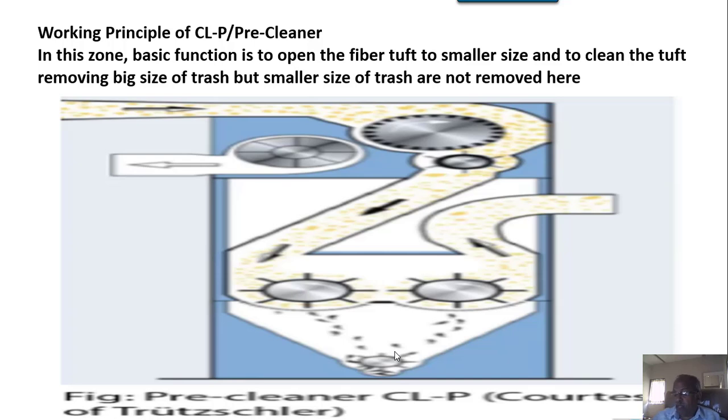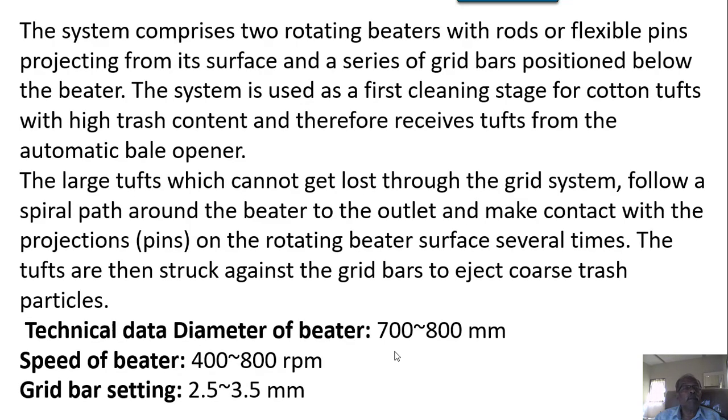That's the treatment this machine gives on the material. As I have described, the tufts of cotton have their journey, their trajectory, in this beater chamber in a spiral path, and pins are there as I have mentioned.